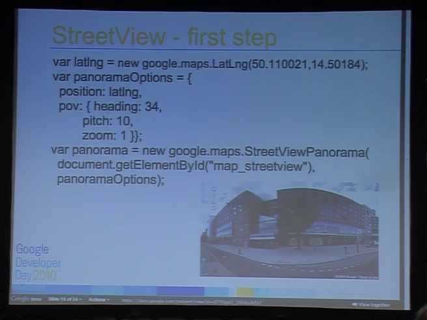Then create the panorama options, where you provide the position of the point of view. It means where you would like to look in that 360 degree panorama, and how much you would like to zoom. I will explain those in a moment. Then you just create a new StreetViewPanorama, providing the particular div element with getElementById. This should be the ID of that particular div element, and the panorama options.